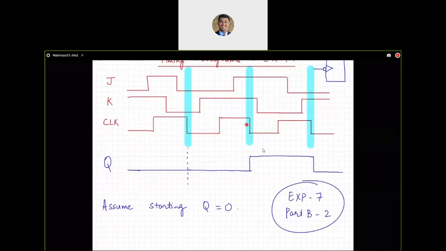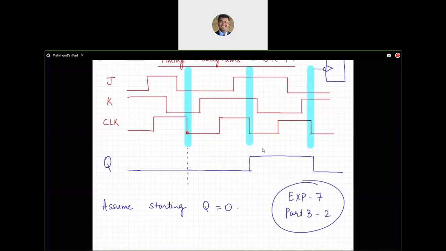The only times at which the output had the ability to change was at the negative edge, if we assume that we have a negative edge triggered JK flip-flop that we are working with. So we started by assuming that the output is 0, and then we went through the cycle.